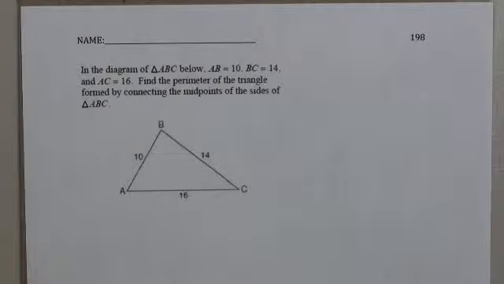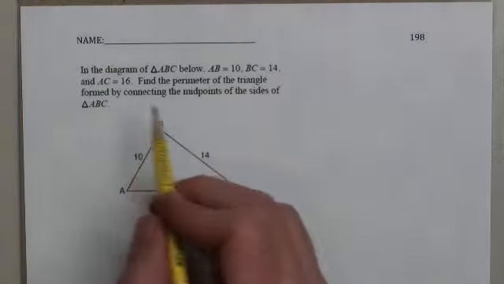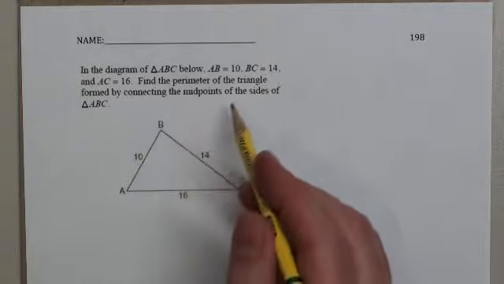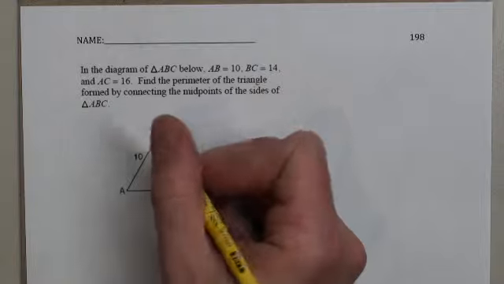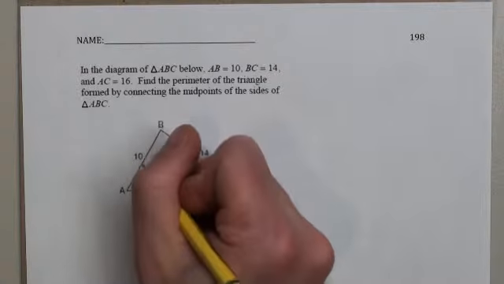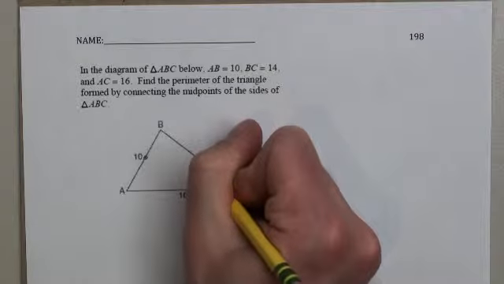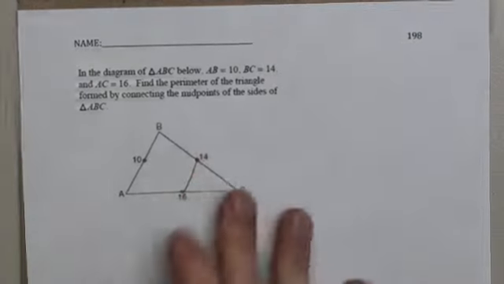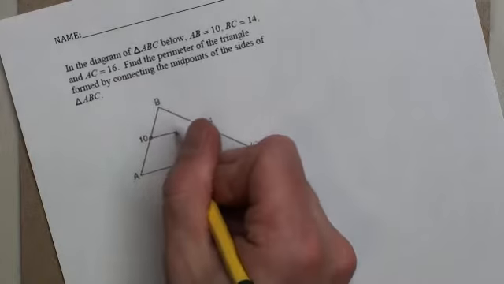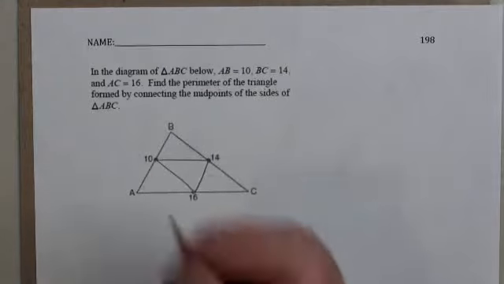In the diagram of triangle ABC below, AB is 10, BC is 14, and AC is 16. Find the perimeter of the triangle formed by connecting the midpoints of the sides of triangle ABC. So this is like the problems we've done before. If we have segments connecting all the midpoints, then what we formed is mid-segments.